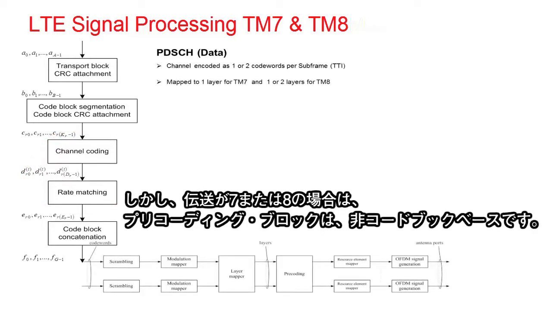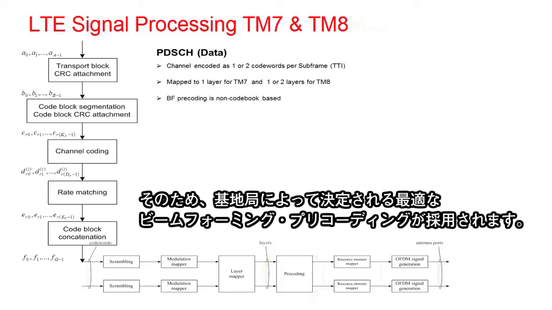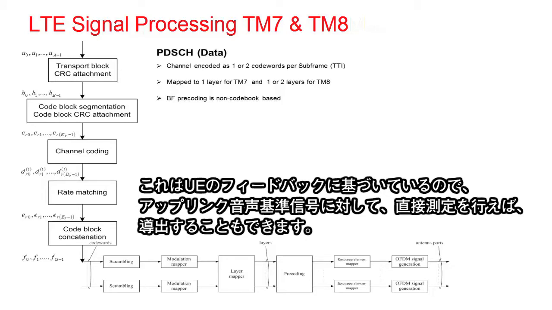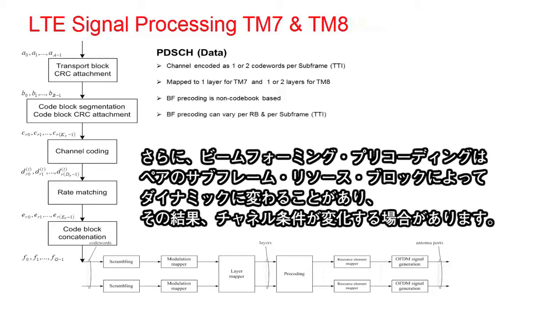But note that for transmission modes 7 and 8, the pre-coding block is non-codebook based, and so it is left up to the base station to determine the optimum beamforming precoding to apply. This is based on UE feedback and can also be derived from direct measurement of the uplink sounding reference signal.